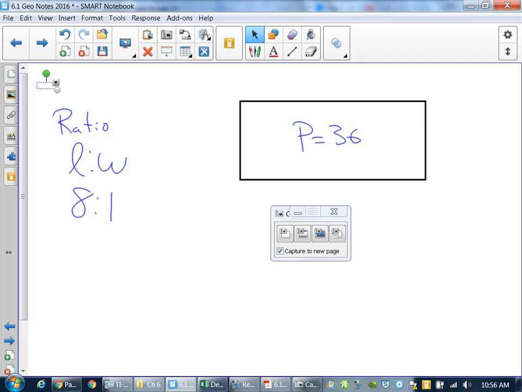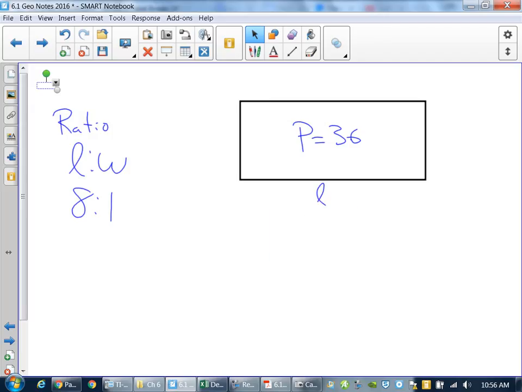How do we figure out the side lengths? Remember when we did the angle thing a second ago? We put values of x in it. We have to do the exact same thing here, but we need to remember how to find the perimeter of a rectangle.